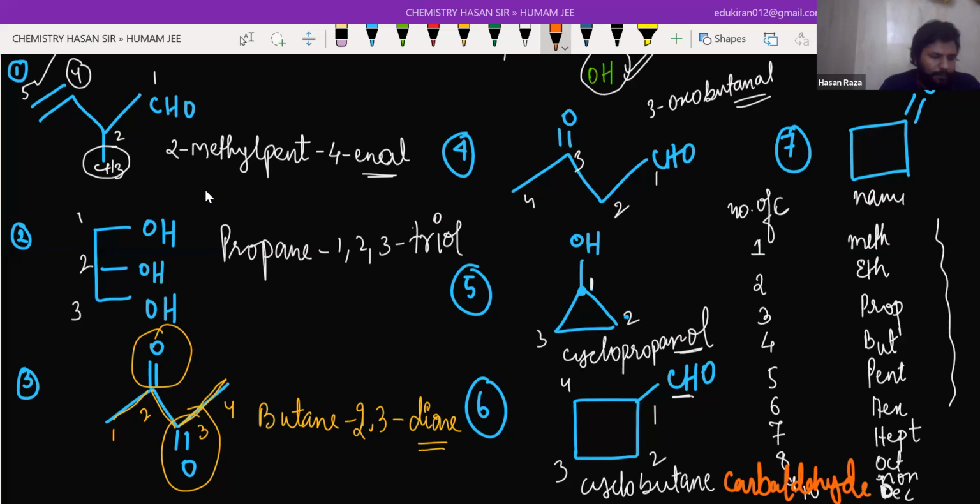So for seventh one also there will be any other name like cyclobutane. See, cyclic structure 1, 2, 3, 4. 4 carbon, that means but, right? I'm going to write it here, but. But here it is cyclic structure, so it will be cyclobut and all are singly bonded, so ane.